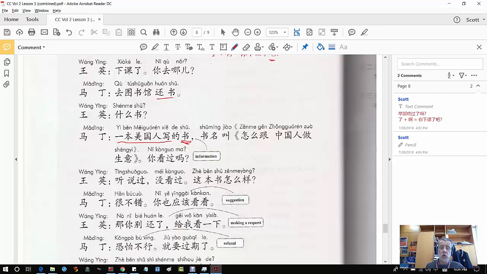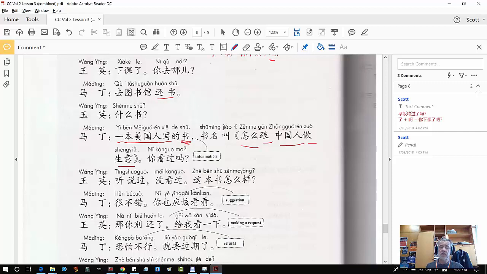The next bit, 书名叫. Basically that just means what it appears to mean, the book name. Book name, 叫 is called 怎么跟中国人做生意. So how with Chinese people do business.